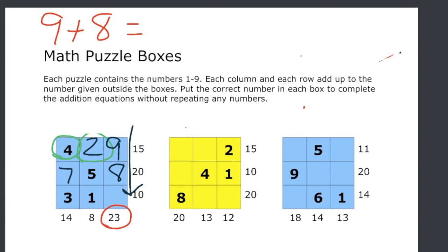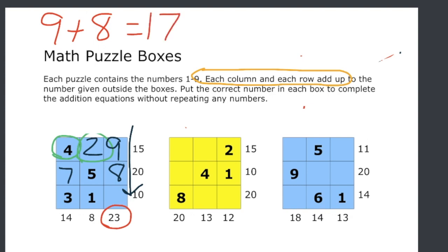Well, what is 9 plus 8? And why are we even adding, Miss Norris? How do you know that you are supposed to add? Well, in the directions, it says that each row and column add up to the number on the outside. So that's how I know that I am adding. So 9 plus 8 equals 17.